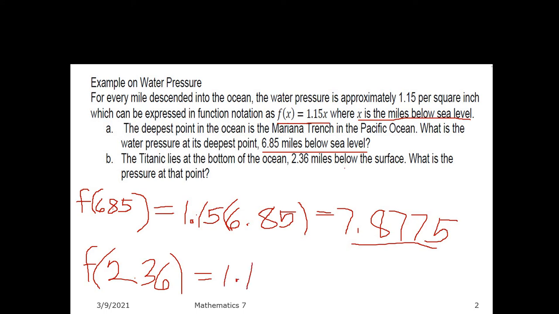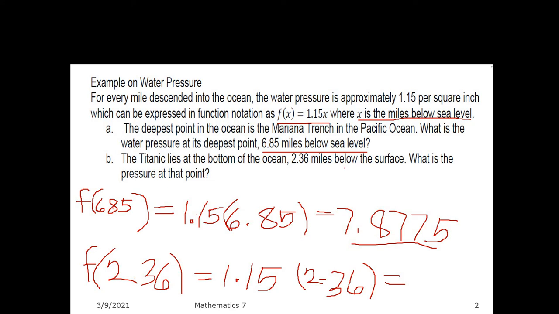Our 1.15 is constant. This represents the water pressure for every mile. So times 2.36. I wish I had that gadget on writing so that it would not be that bad.